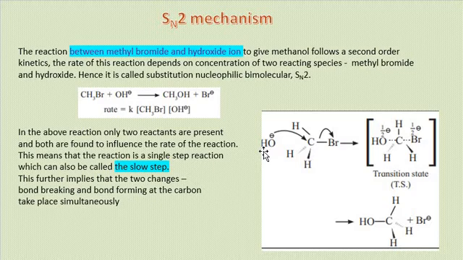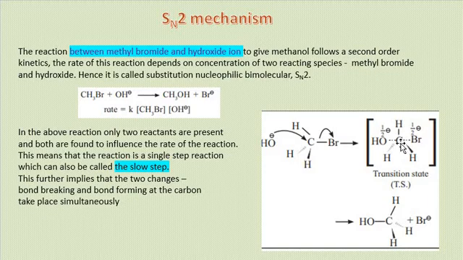In the transition state, when it is attacking, what will happen? In the transition state, the leaving group is bonded as well as the nucleophile is also bonded. And here, the OH group is bonded to carbon, which is represented by dotted lines, and carbon to bromine is also represented by dotted lines.